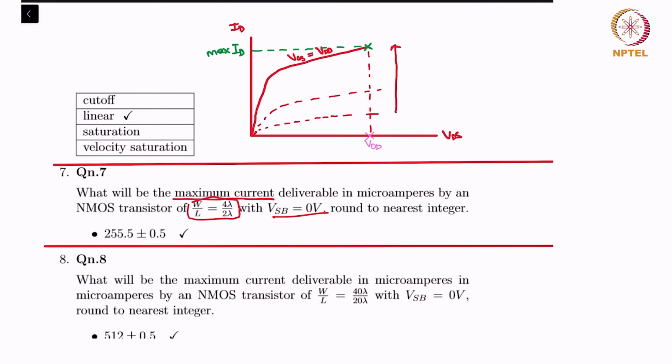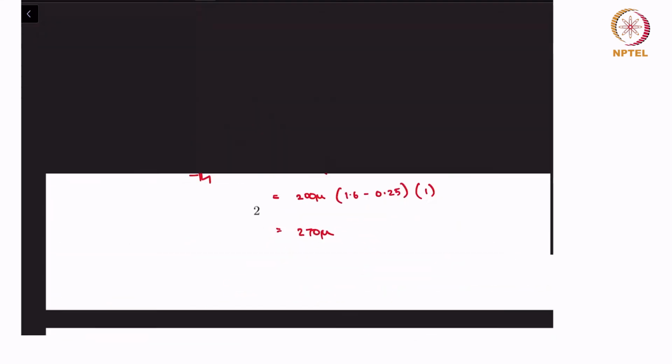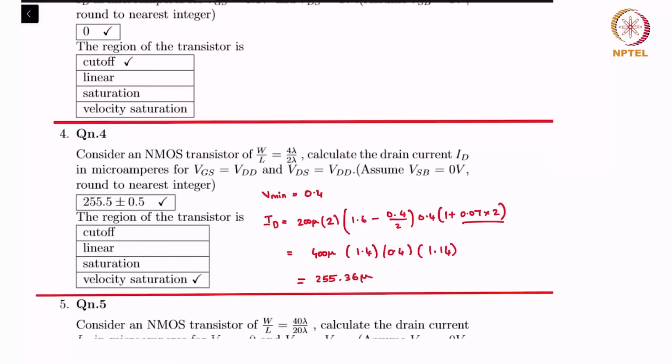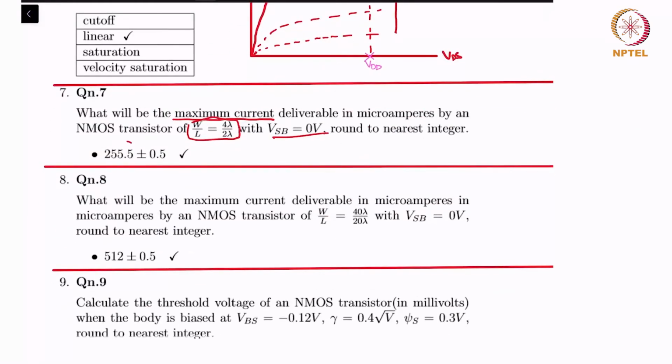So we'll have to solve this question for VGS and VDS equal to VDD, and it just so happens that it's exactly the same as the wording of question 4, where you got the answer to be this. And thus, this is the answer of question 7.